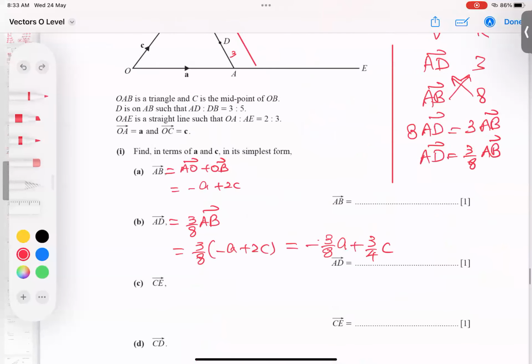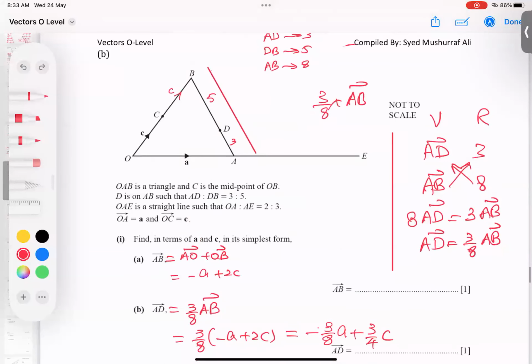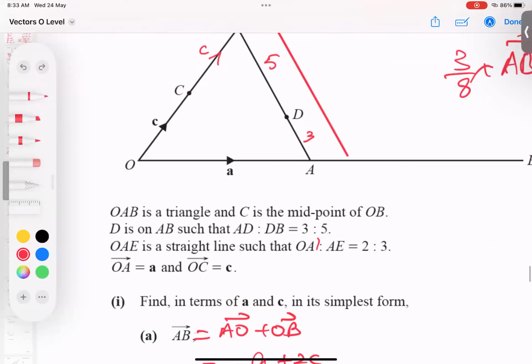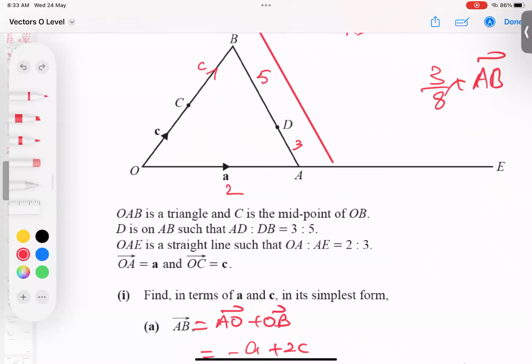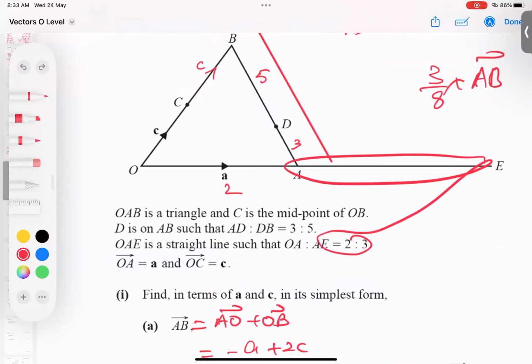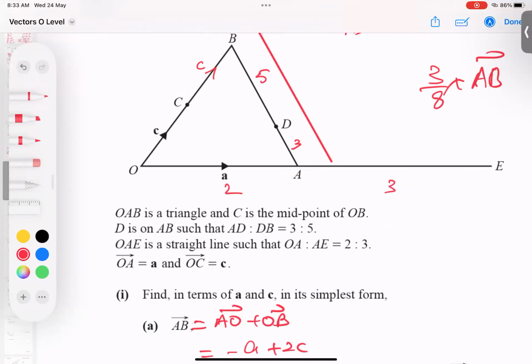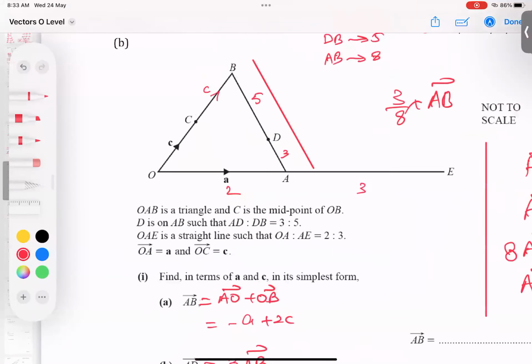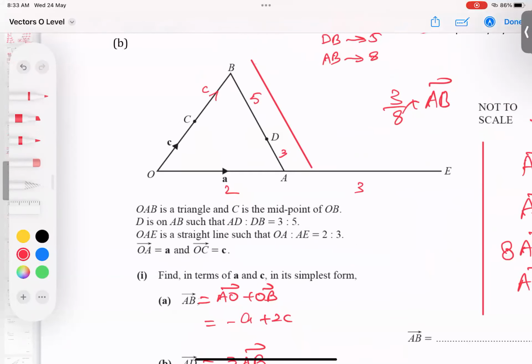CE. The next job is CE, starting from C, ending at E. But we have a special link available here. O to A is given by him as 2 ratio, and A to E is given by him as 3 ratio. So now with this method again, as I said before, sometimes it is effective, sometimes it flops.